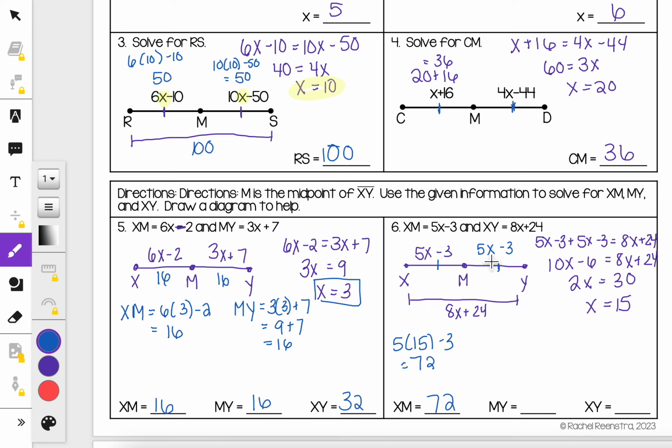MY, all I know is that's also 5x minus 3, so I don't really have to plug that in again. But I'm going to plug 15 back in over here. So 8 times 15 plus 24, that's going to be 144. Which I know I should get because 72 plus 72 is 144. So it looks like I'm on the right track.